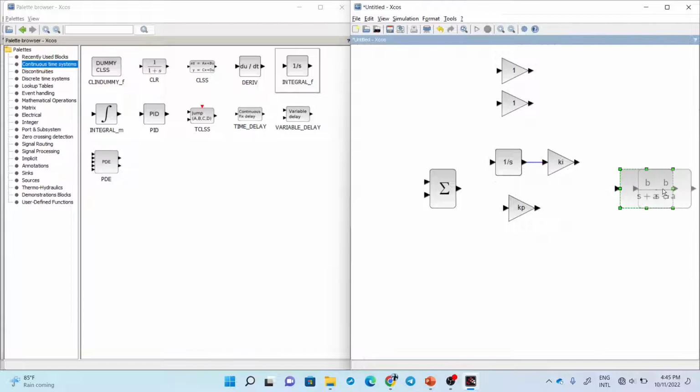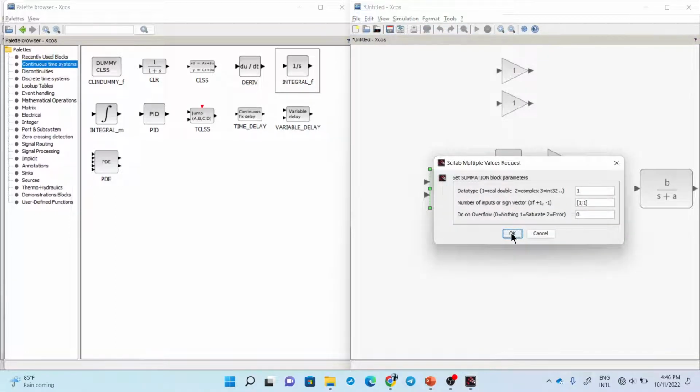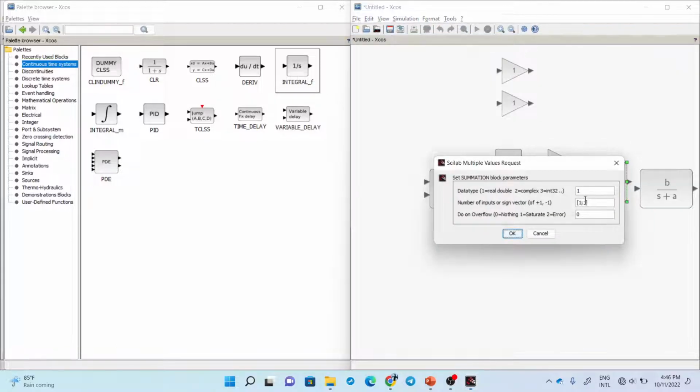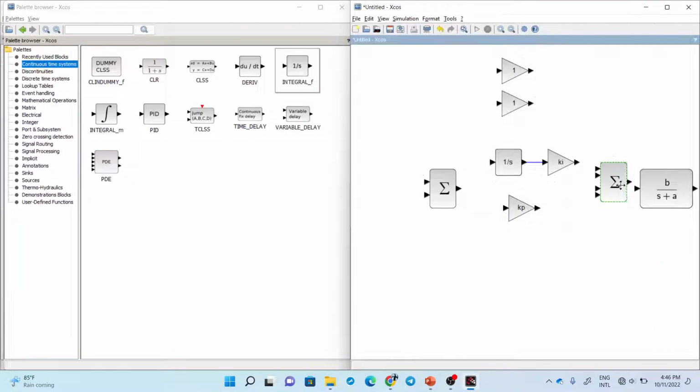And then I also need some here, but I need 4 port, okay, like this.